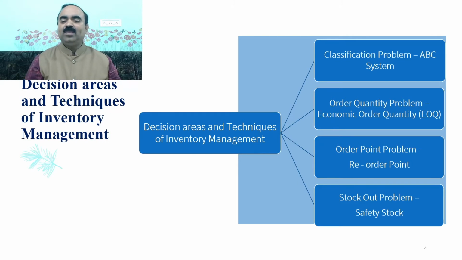Order quantity problem, which can be solved by using the economic order quantity EOQ model. 3. Order point problem, which can be solved by using reorder point. 4. Stockout problem, which can be solved by using safety stock.